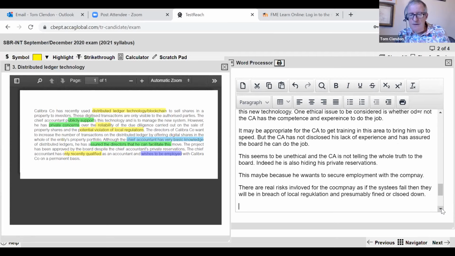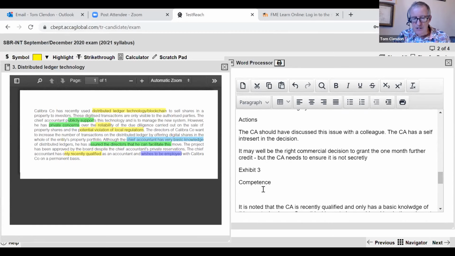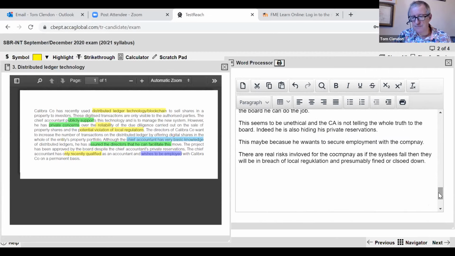I don't know, something like that. To me, I've gone a little bit blurb there. That is not as neatly separated out in terms of actions. I suppose I could recap on the actions. He should disclose.